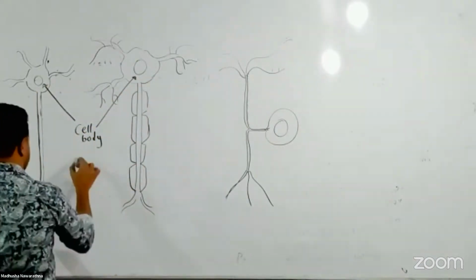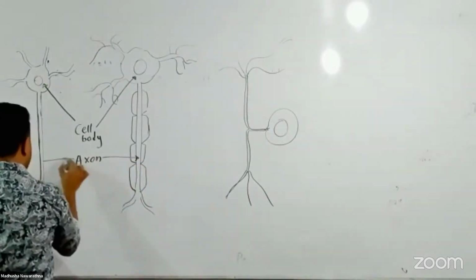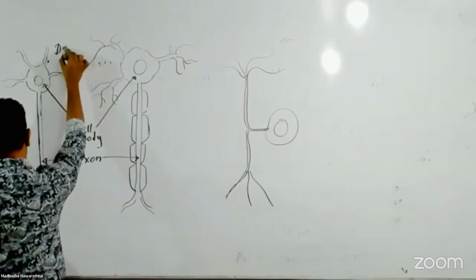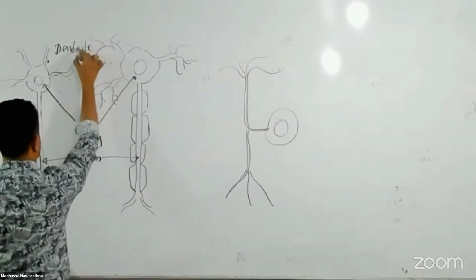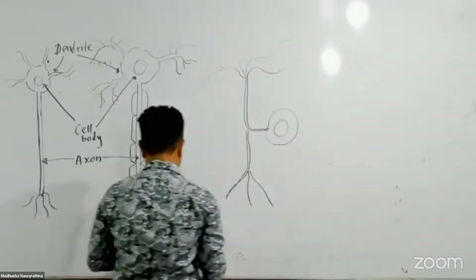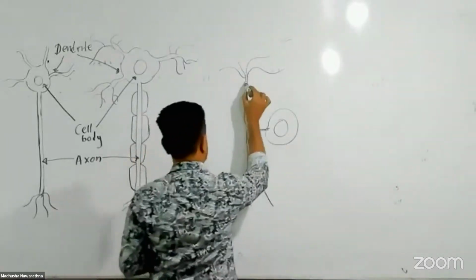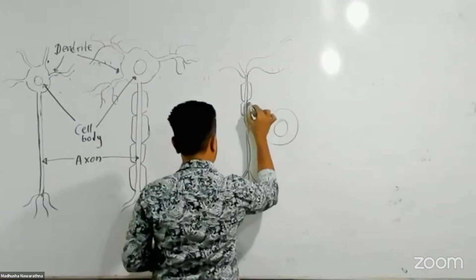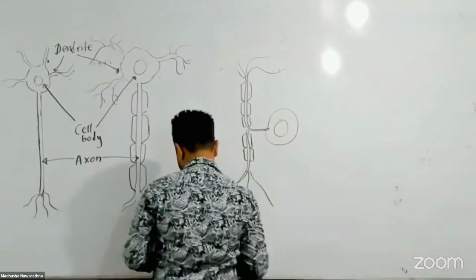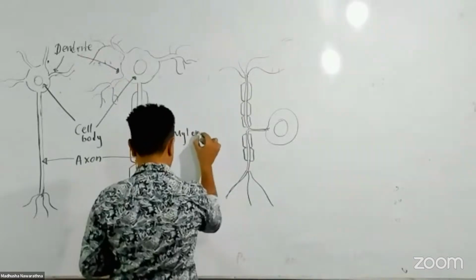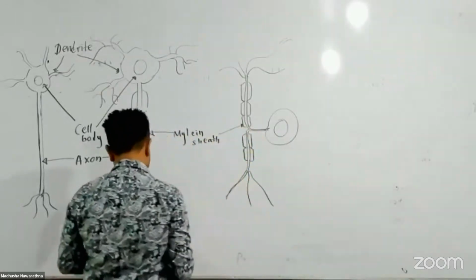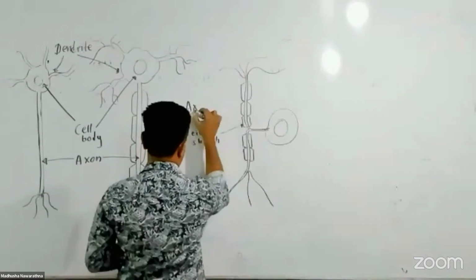Here the cell body, then the axon, then the dendrites. Dendrite. Myelin sheath and the axon.